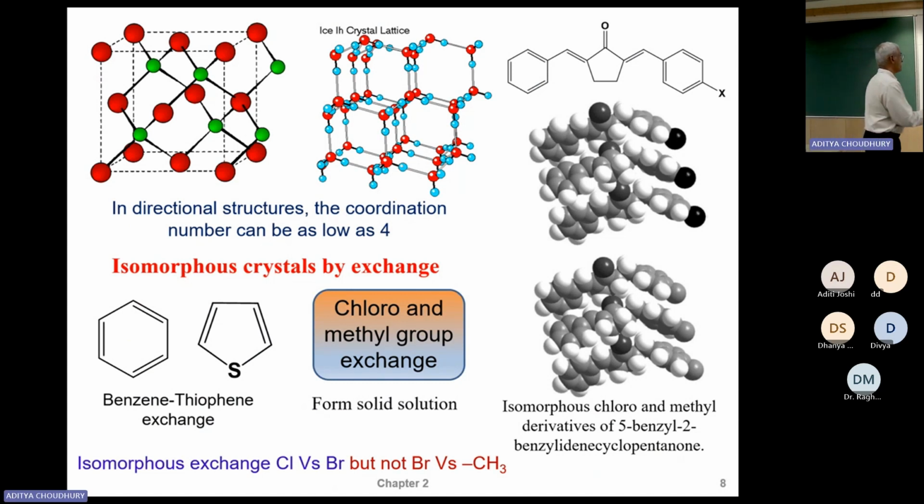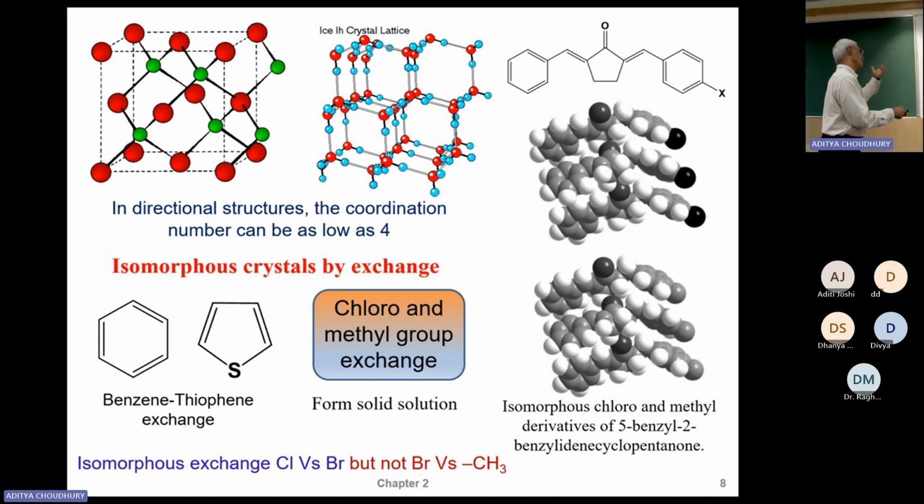For example, you take this compound, you put X here, X can be methyl or it can be chloro. When you try to pack them, if you take a chloro compound and determine the crystal structure, and if you have a methyl group and determine the crystal structure, they act in exactly a similar way, because the size is the same and it doesn't have any other strong interactions.